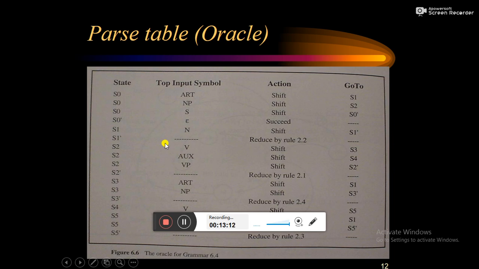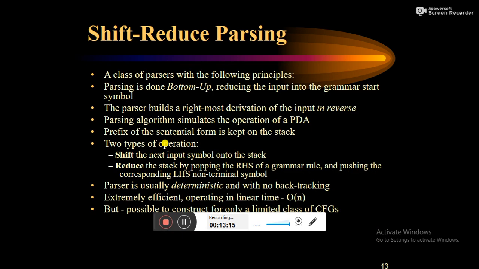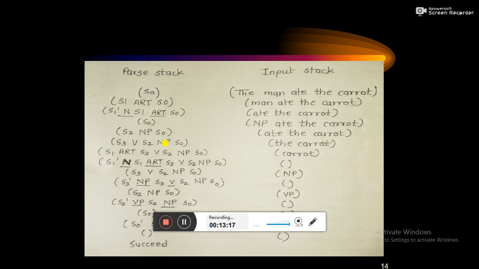So how this parser works, I'll show you with one example. If the sentence to be parsed is "the man ate the carrot", obviously initially the stack will be filled with S0. All of you have learned the shift reduce parser, how to construct the parsing table and all that kind of thing, in system programming.